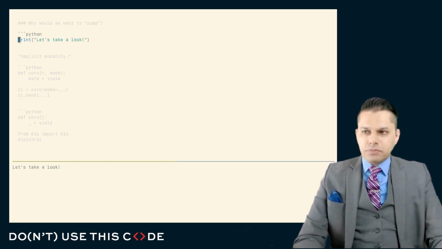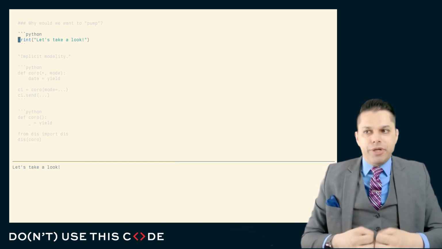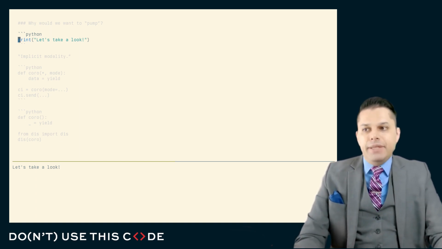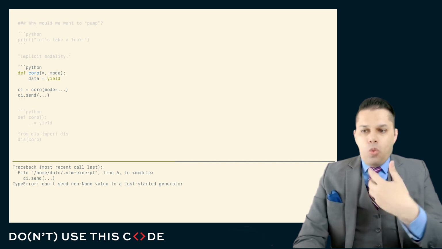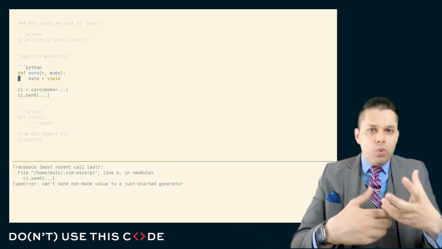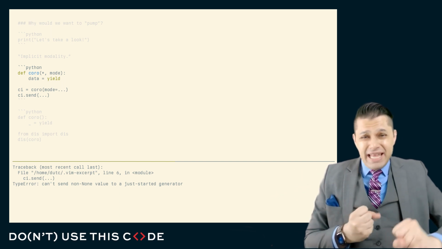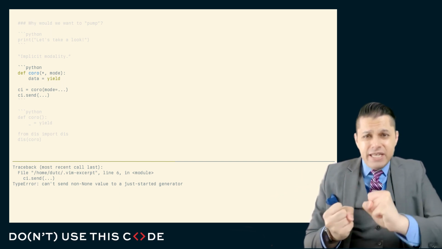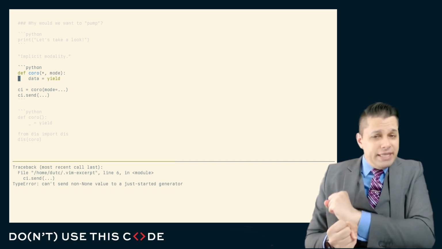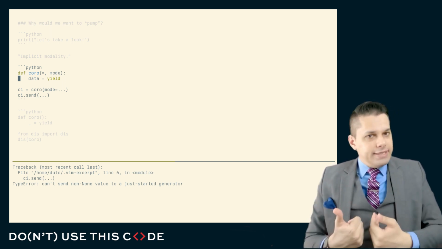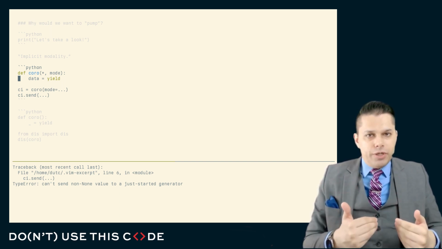Let's take a look. It turns out when we're working with generators, there is an implicit modality in play. That is to say, when we work with a generator, or when we work with a generator coroutine or a coroutine here, and we send something into it, if we try and send a value in immediately after creating the instance, we'll get this error. Can't send a non-None value to a just-started generator.